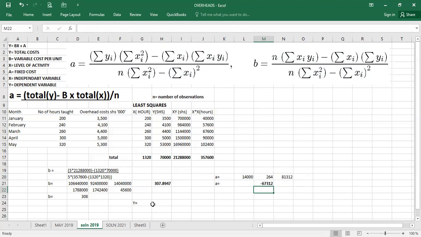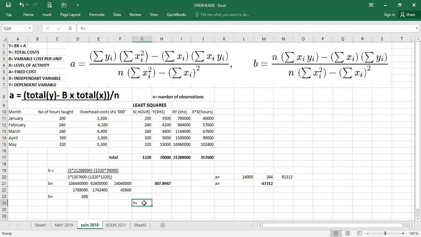So we can try to get our equation. Since we said we are generating it from here, we have our X. Our B, we've already got it.